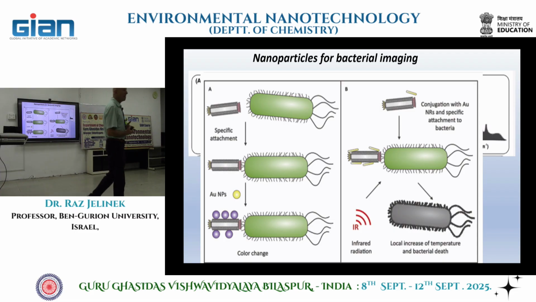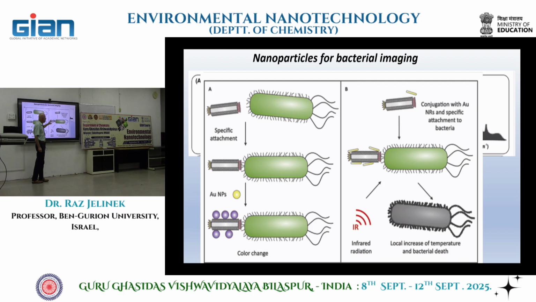This is another example of using nanoparticles for bacterial imaging and also killing. What we do here is attach gold nanoparticles to the bacteria's surface. On the left, we attach spherical gold nanoparticles.